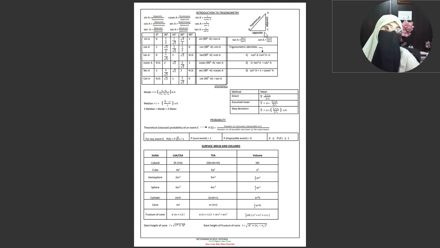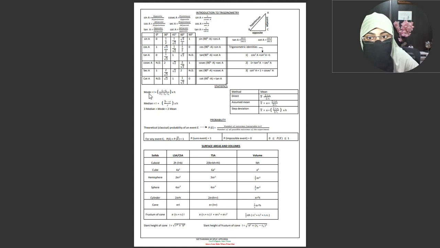How the sides are always defined: if this is a right angle triangle, here will be the 90 degrees. Opposite will be this. Hypotenuse is the longest side of a right angle triangle. So opposite is BC. Adjacent means it is next to the angle. You can remember it in this way.